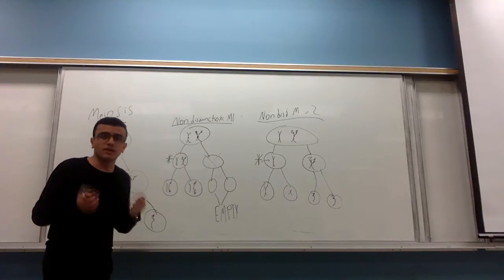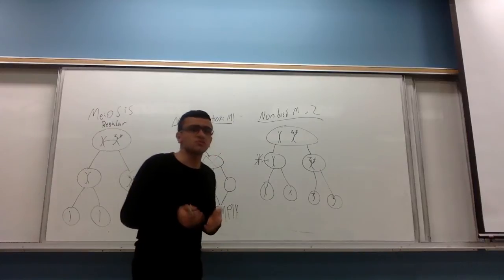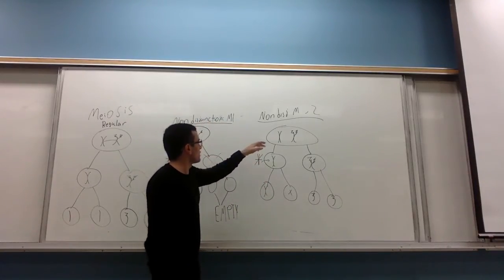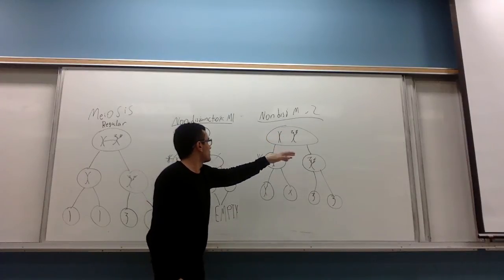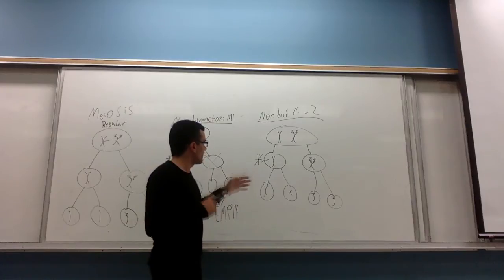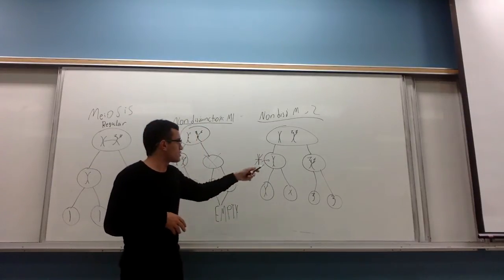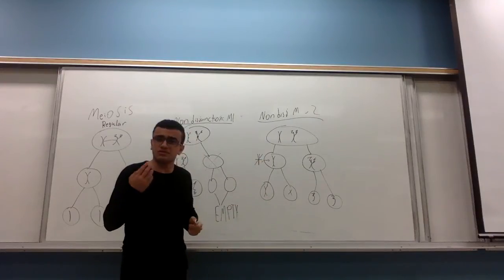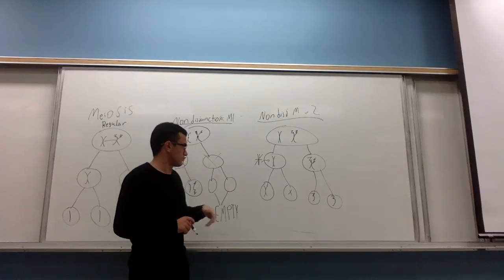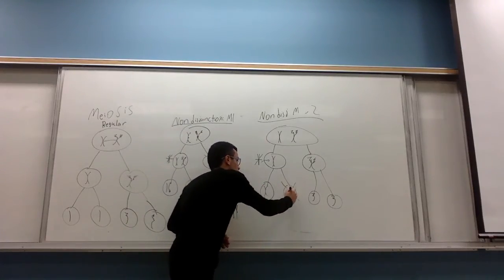So let's go over to meiosis 2 and see why non-disjunction meiosis 2 gives us the same result. Look right over here, we can see regular cells, but all non-disjunction meiosis 2 does for us is that we fail to separate our sister chromatids. So what happens is, because these sister chromatids don't separate in meiosis 2, we end up with one cell having 2 chromatids and one cell having no chromatids.